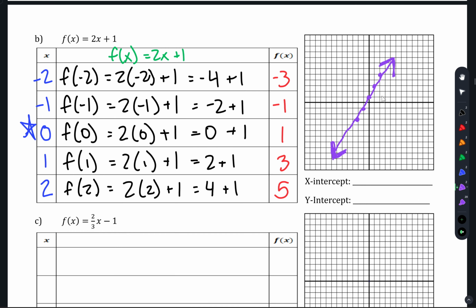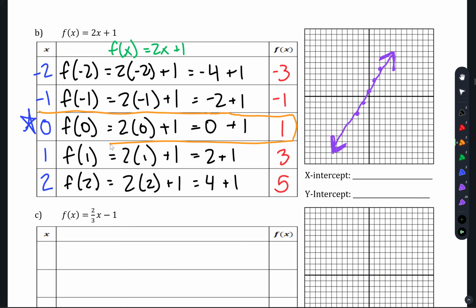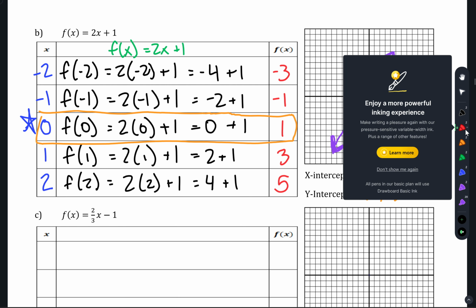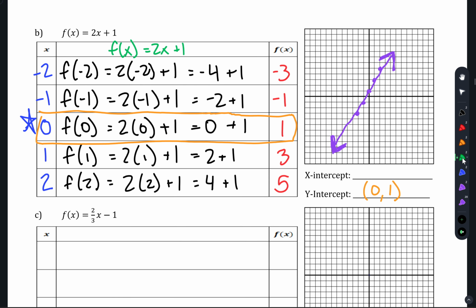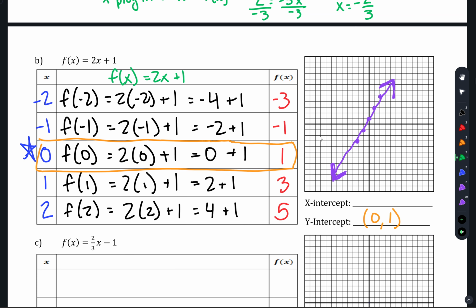Where does it come from? The middle. So our y-intercept is right here. It's (0, 1). How do we find our x-intercept? We plug in 0 for f of x.